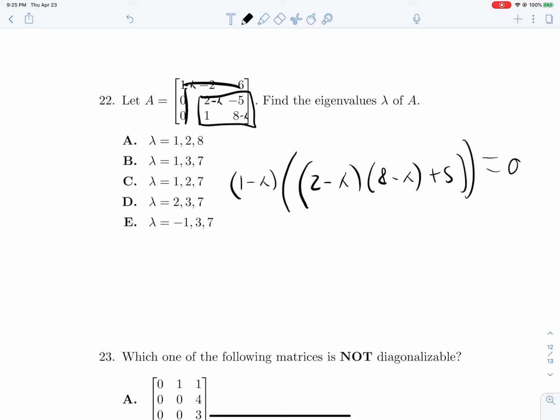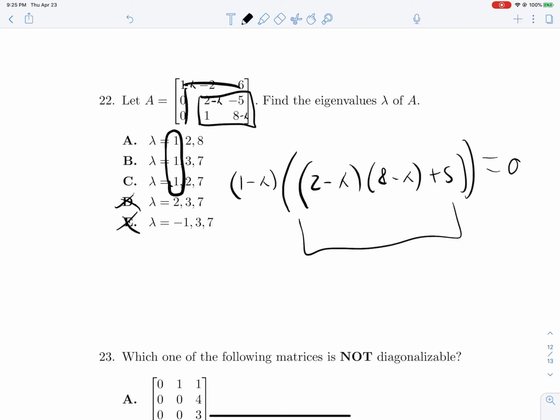So we know that when lambda is equal to 1, this whole side is definitely equal to 0. So lambda is equal to 1 is one of our eigenvalues. So we agree with all three of these. Then if we refactor this inner portion, one mistake you can make here is trying to refactor everything, like expanding all of this into a big trinomial, but we actually don't need to do that at all.